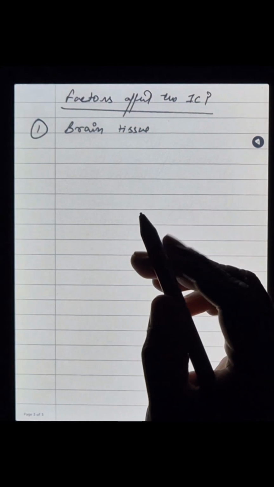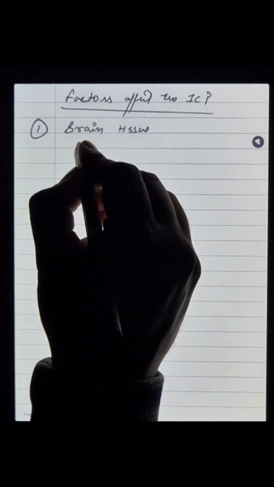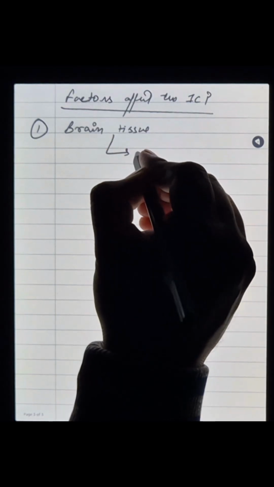Brain tissue can lead to an increase in ICP in conditions like whenever there is mass effect.